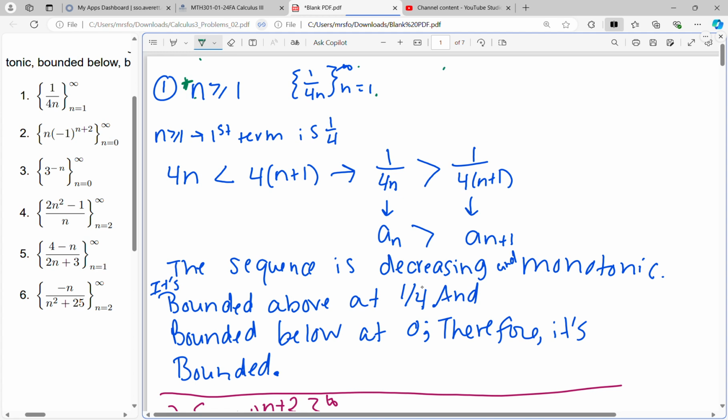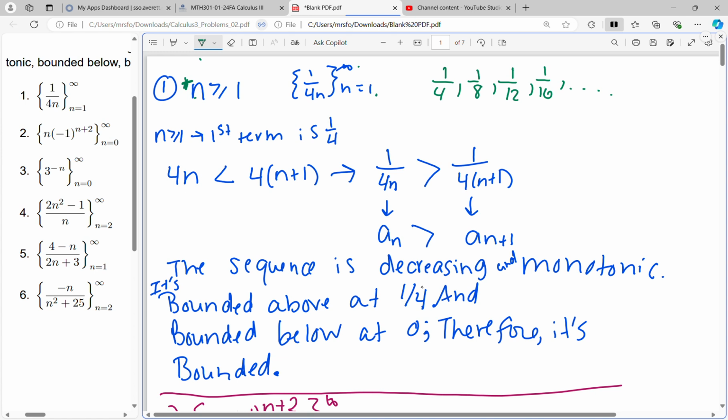And if you wanted to, you could find your next term in the sequence. That would be 1/8, because 4 times 2. Then 4 times 3 is 12. 4 times 4.